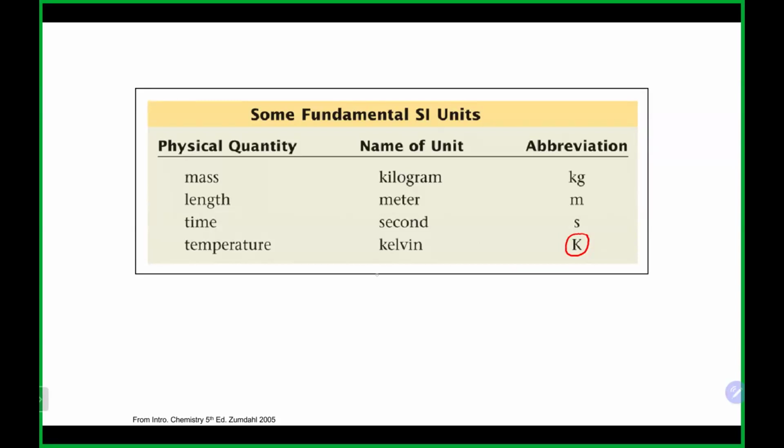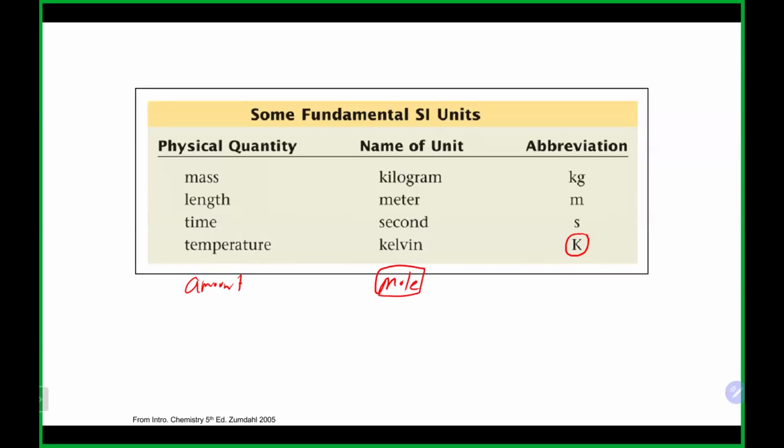In addition, moles is sometimes used for the amount or quantity of something. The abbreviation for moles is M-O-L. It's actually M-O-L-E, but it had to be abbreviated somehow, so they got rid of the E. It's really important that when you see a unit or you tell somebody a unit, you understand what it represents.